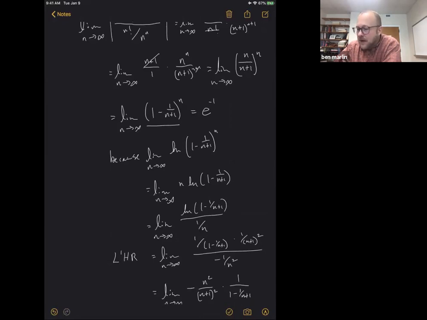But if you haven't done that one recently, you might have to think about, well, if I took the logarithm of that term there, then that would pull the n out to the front, and then I could rewrite that with a division problem and have the log divided by 1 over n.